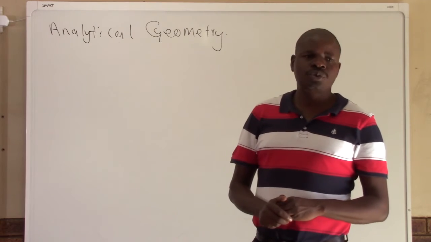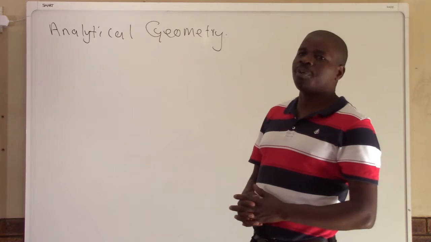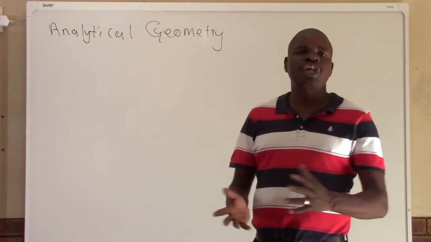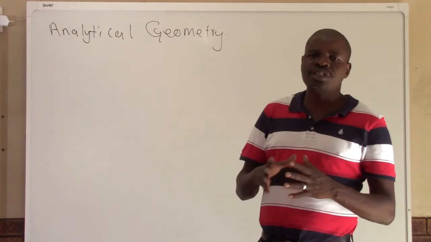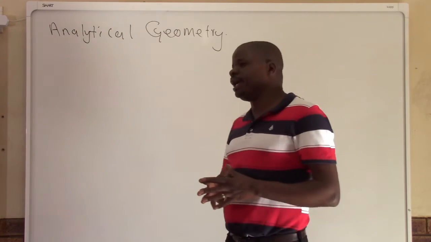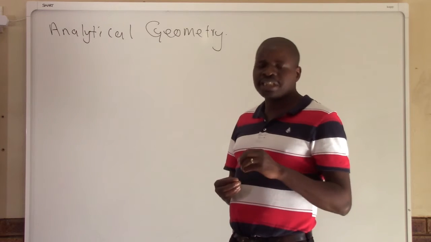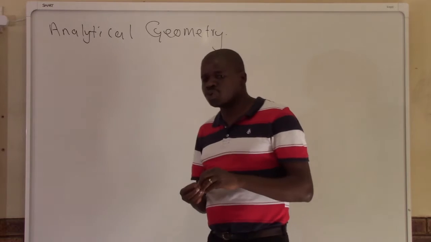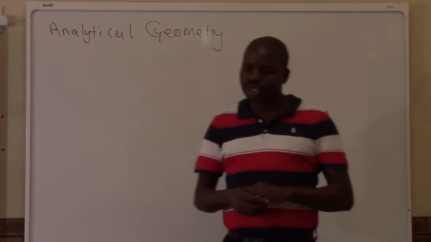Because when we talk about geometry, we talk about shapes, measurements, and the properties of those shapes. The basic knowledge that you need to acquire is the properties of all polygons, especially triangles and quadrilaterals, because those are the ones that are examined at all times.